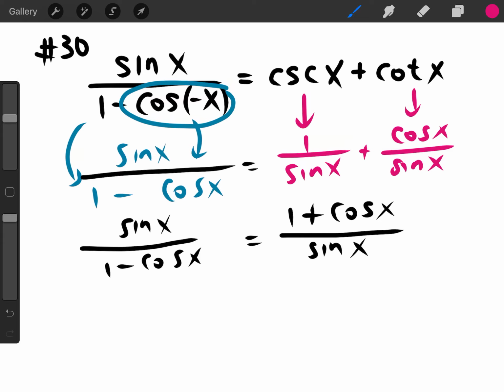It looks kind of weird, but I'm gonna tell you why. So this is what you do. You guys are gonna use 1 plus cosine x, multiplying the numerator and denominator.